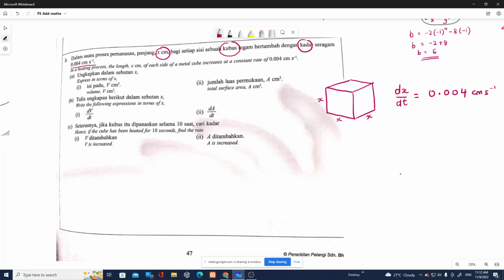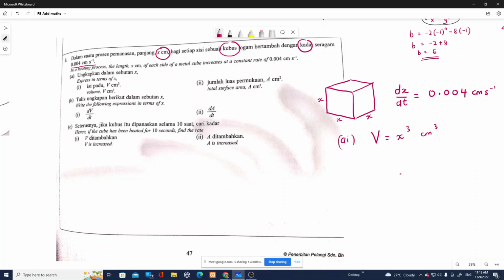Okey. A. Ungkapkan dalam sebutan x isi padu V. Senang lah. A1, apakah isi padu dia? V bersamaan dengan x kuasa 3 lah.